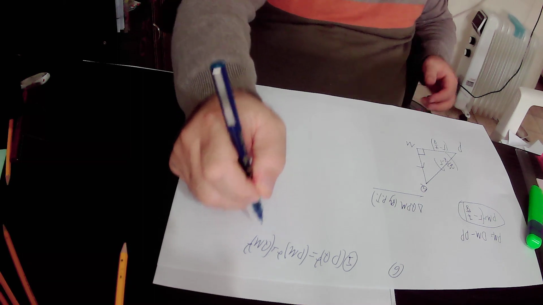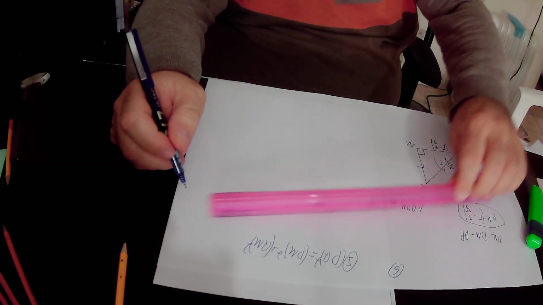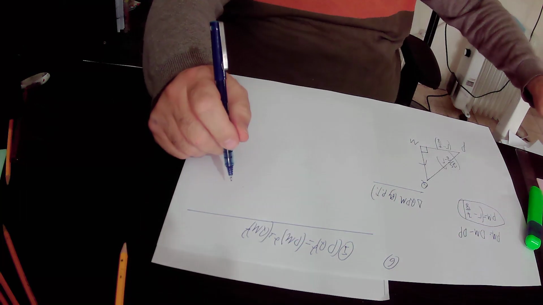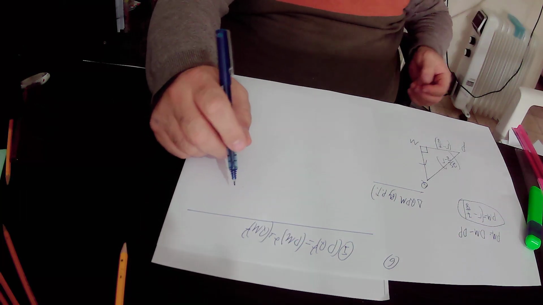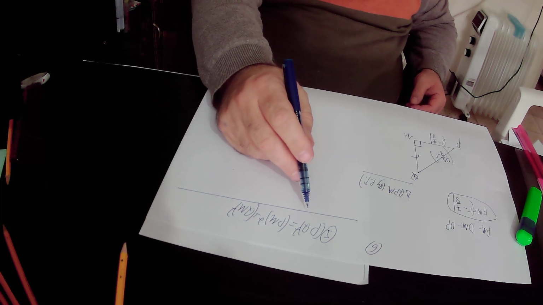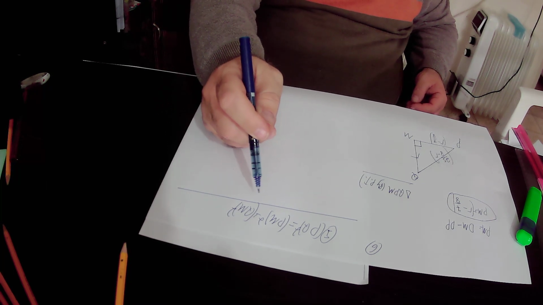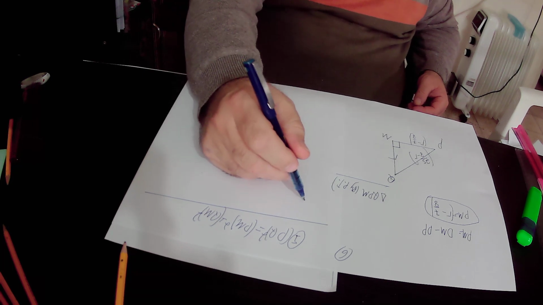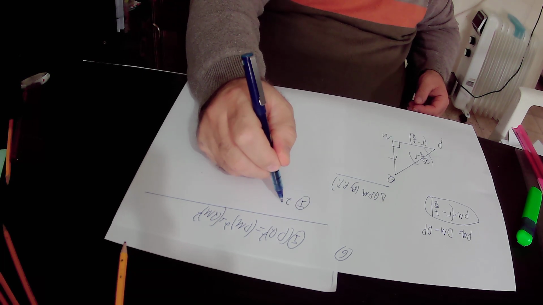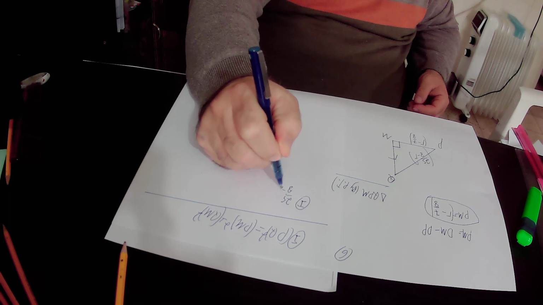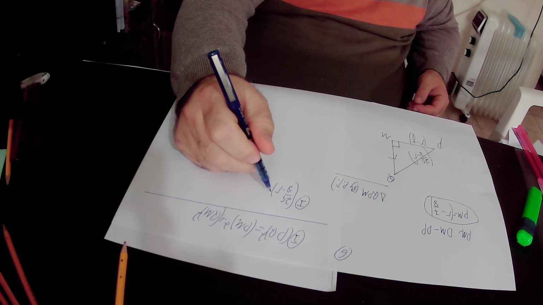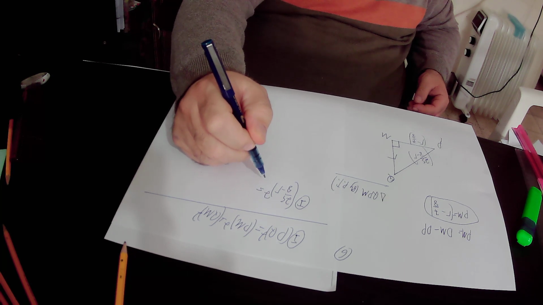Repeat again, according to the Pythagoras theorem in the right triangle PQM, PQ square equals PM square plus QM square. PQ equals 25/8 minus r, so PQ square will be equal to (25/8 minus r) square, and it is equal to PM square.